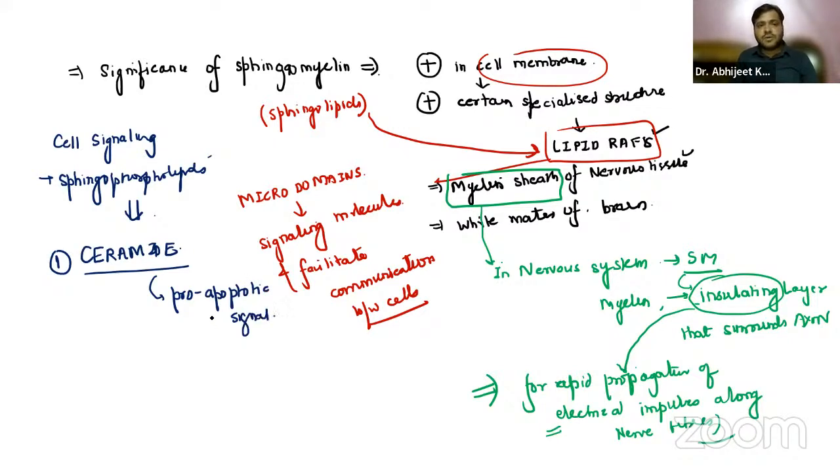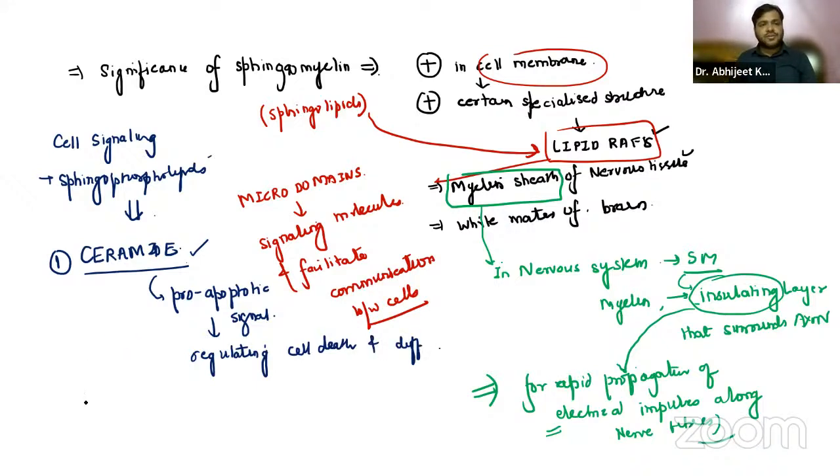Apoptosis means programmed cell death. It regulates cell death; cells which are old need to die. That is an auto-generated process regulated by ceramide. So it regulates cell death, and differentiation, obviously.